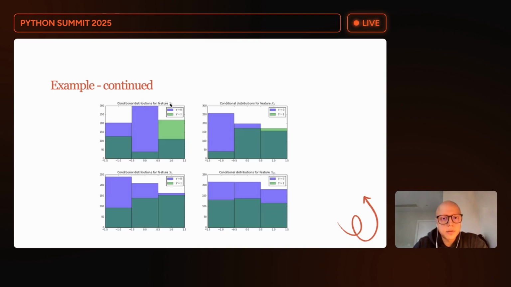For example, for the feature x2, you can see that the distribution of x2 among those that gave y value equal to 0 is completely different from the distribution of x2 among those feature vectors that gave value of y equal to 1. The same is true for x3, the same is true for x5, even though they look a bit closer.